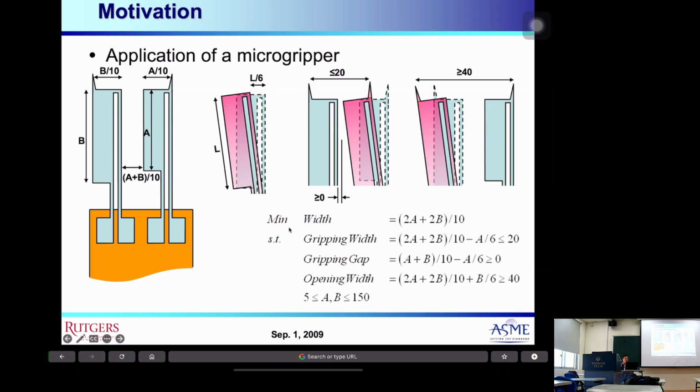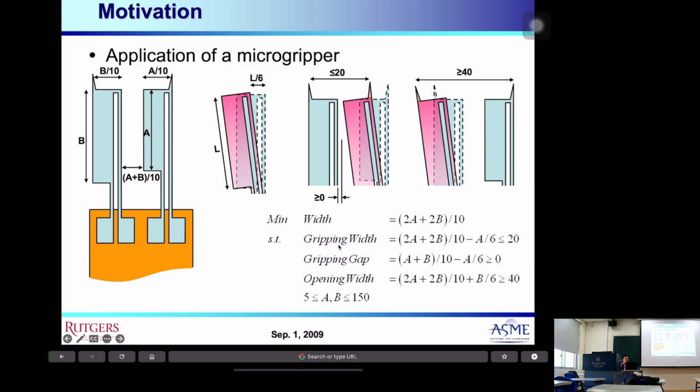We just made up, okay, can we minimize the total width? Why do we minimize the width? It's like here. We don't want the size of the gripper to be too wide. We don't want fat fingers. We like thinner fingers with certain constraints.